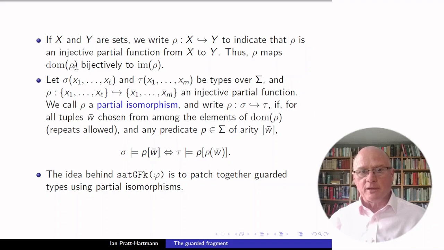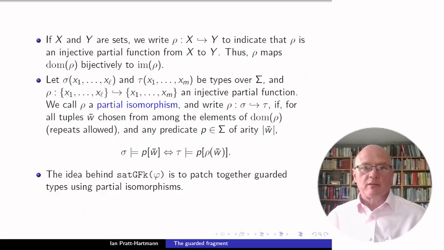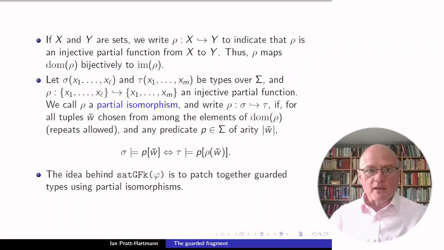So dom ρ will be a subset, in general a proper subset, of X, and ρ will map that subset to some set of objects in Y, and the mapping will be one-to-one. So you can't have two objects mapped to the same value. Okay, so we get a bijection between the domain of ρ and the image of ρ.